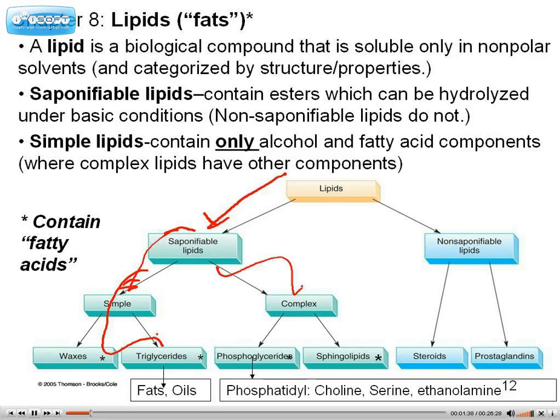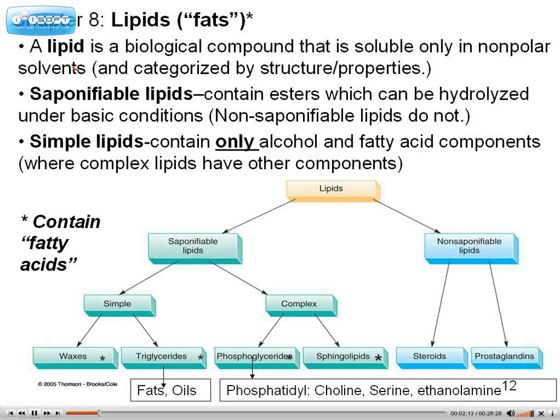Afterwards, I'll go into complex saponifiable lipids, such as phosphoglycerides and then sphingolipids. Afterwards, I'll go through non-saponifiable lipids, such as steroids and prostaglandins. Through each of these, I'll go through examples. Some of them you'll have to memorize, some of them you'll just have to recognize, and all of them you'll be responsible for categorizing.